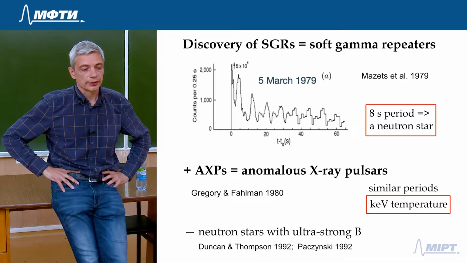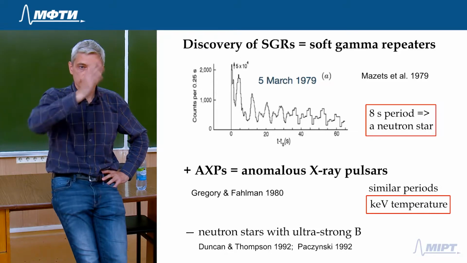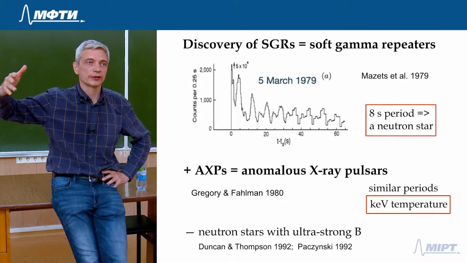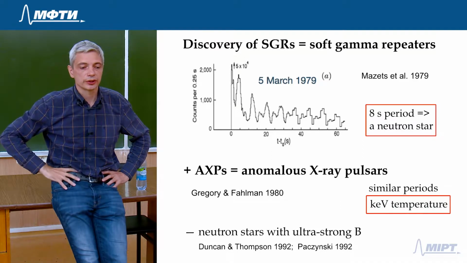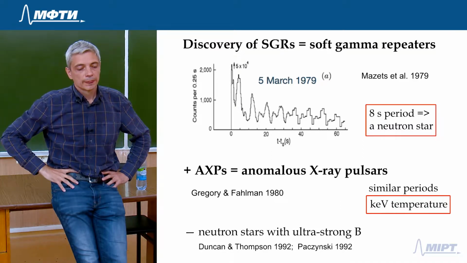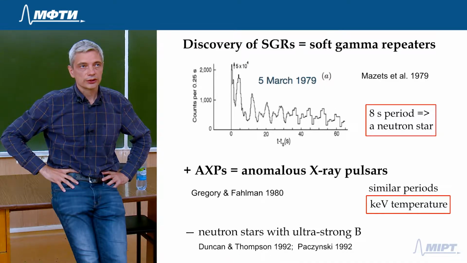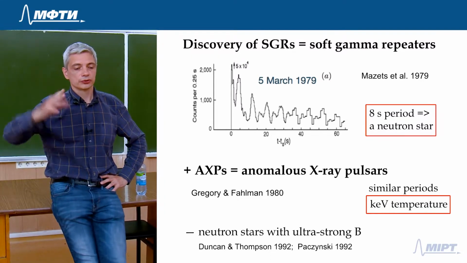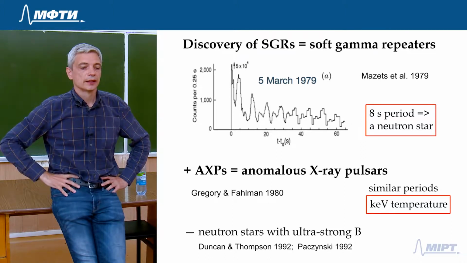In addition to the sequence of short bursts, less than 1 second in duration, there was also a giant flare, which is shown in this plot, which was really bright and long, and had a tail lasting, well, here it goes to 60 seconds, but we know now it goes to basically 6 minutes.